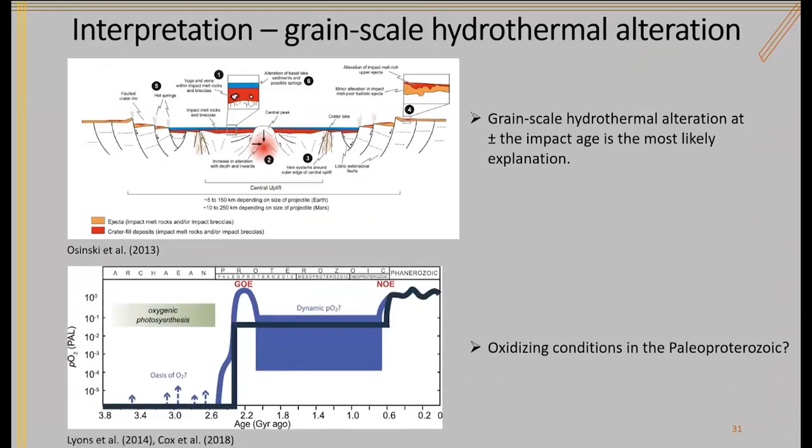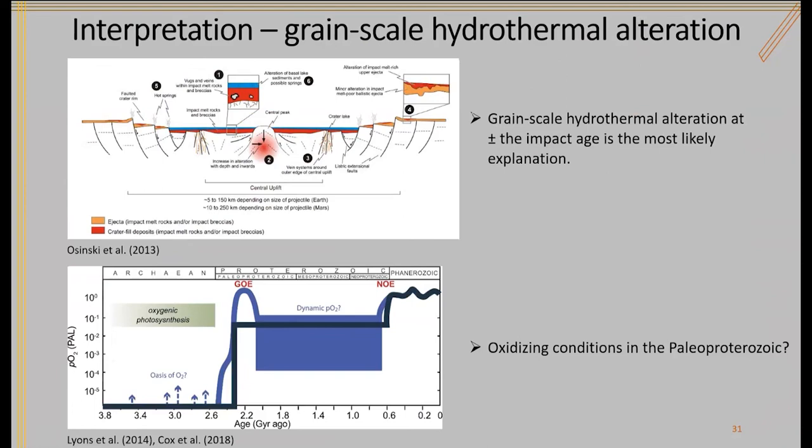It's also interesting to think about the fact that what is indicated in our data is uranium mobilization. And in order to mobilize uranium, you would usually expect that you need oxidizing fluids. And the Yarrabubba impact structure falls at the end of a period in geological history that is known as the Great Oxidation Event. I looked into some of the recent publications on this topic.